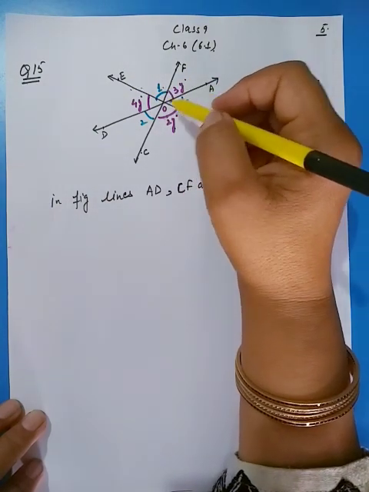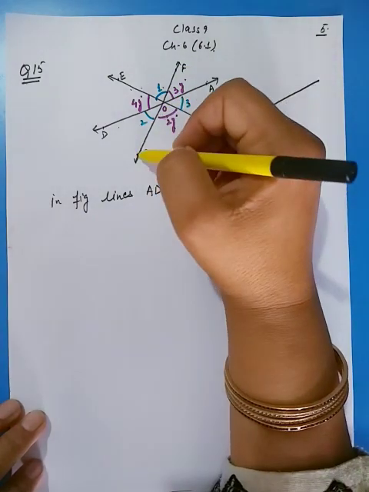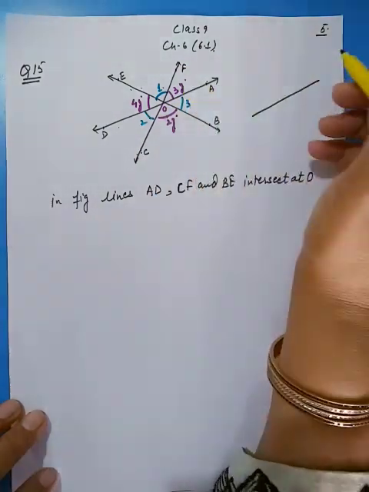If we take the lines AD and CF, then angle 2 will be of 3y.